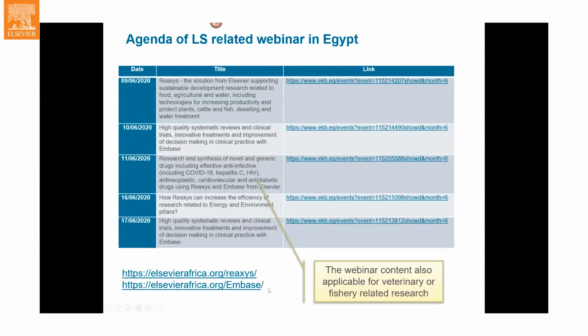So for the Embase webinar, Embase materials you can get from this link. There is registration to the webinar, materials related to Embase, and other useful information. So from this, I'm going to stop sharing and give the turn to Alexei to continue the webinar.